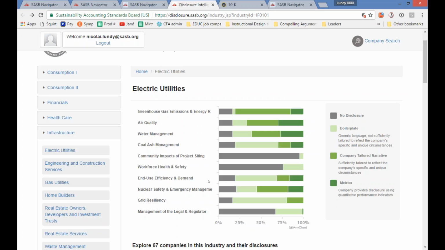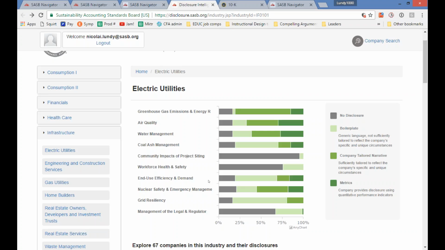Great. So another question that came up, is the Navigator also listing the company's performance in different assessment indices, for example, DJSI, CDP, MSCI? Yeah, that's a really good question. We do not. SASB's really not in the business of rating companies' performance.